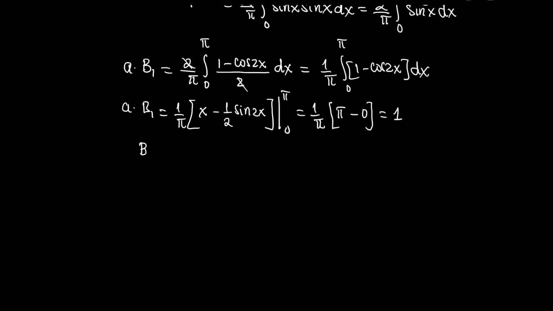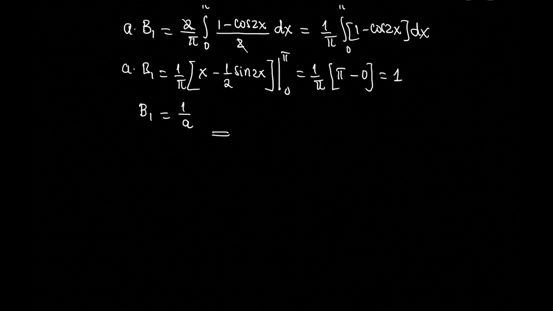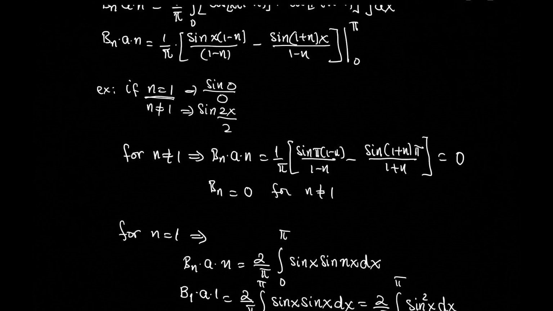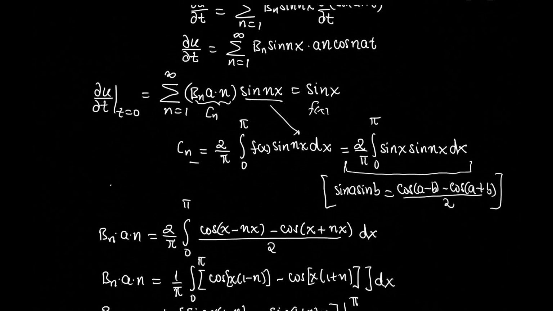Isolate b1. b1 equal to 1 over a. So you pretty much have as an answer bn equals 0 for n different than 1, and you have b1 equal to 1 over a for n equal 1. Now I go back to the solution.